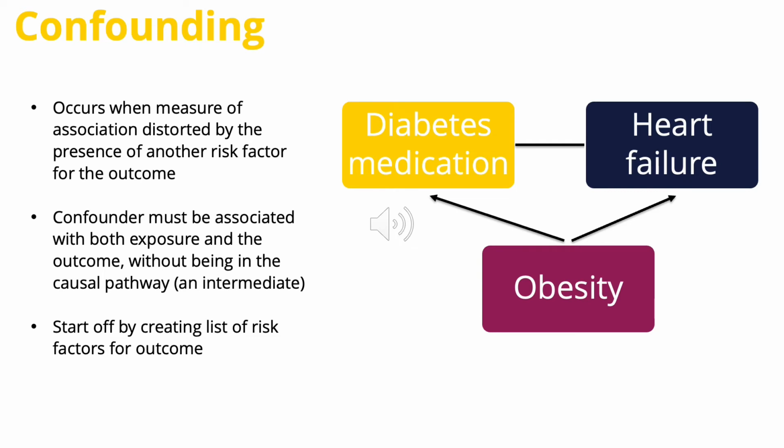And obesity also increases the risk of heart failure. It's a risk factor or a prognostic factor for heart failure. So given that obesity is associated with both choice of a diabetes medication and heart failure, it's typically an important confounder in studies where we're looking at the association between diabetes medications and heart failure. We have to account for it in our analysis.